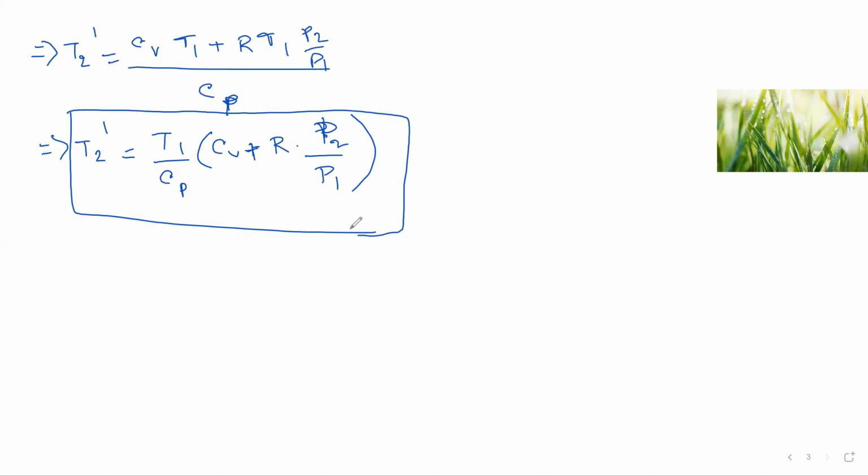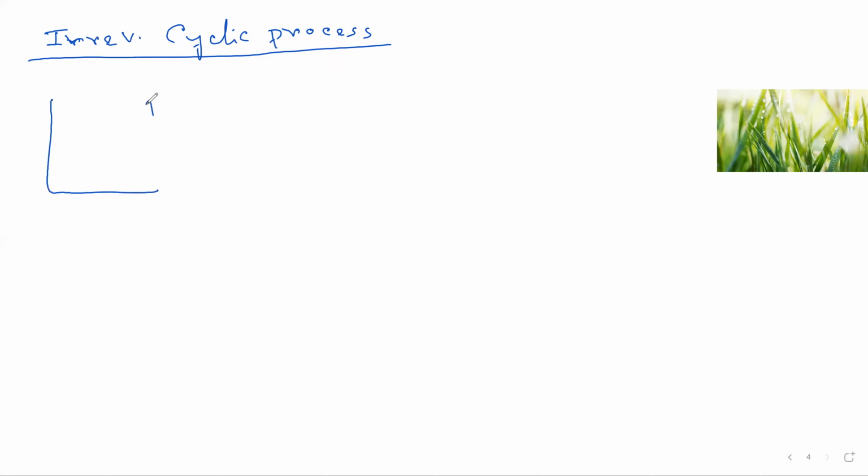Okay. So now we will discuss the work done in irreversible cyclic process. I have already discussed cyclic process multiple times. Please do watch my previous lectures if you do not know what a cyclic process is. So let me draw a small diagram quickly.